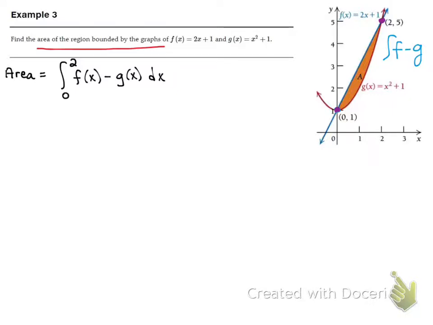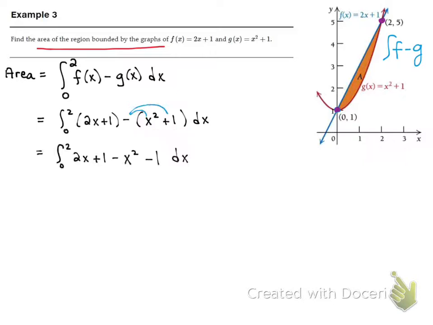Now I can actually plug in my two functions and find this integral. Just be careful, make sure you put these parentheses here because we have to distribute this negative sign. And then we can combine like terms. Our definite integral will simplify to just the integral of 2x minus x squared. So now let's find the antiderivative of that, which is x squared minus 1/3 x cubed.